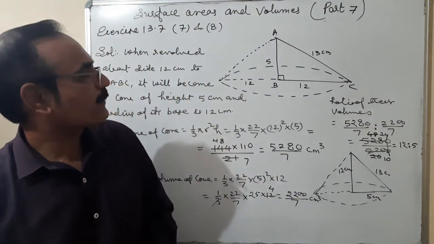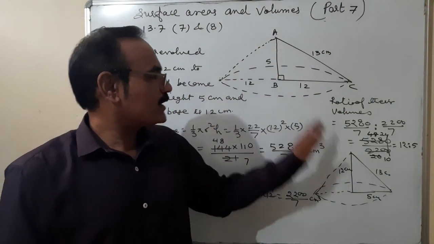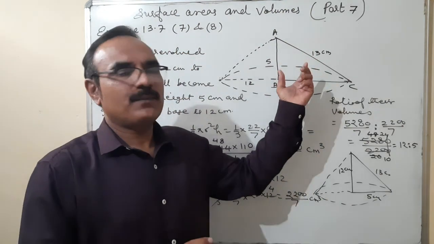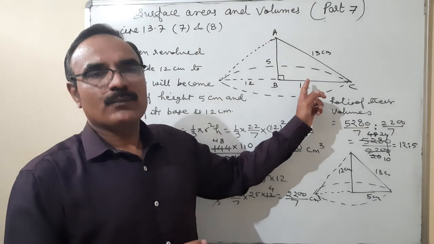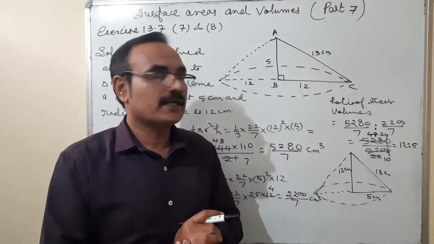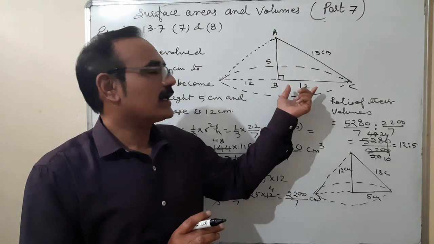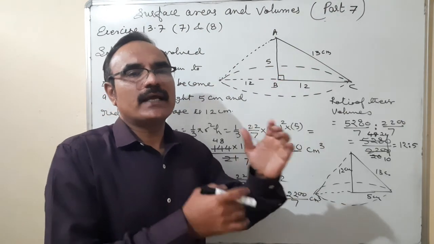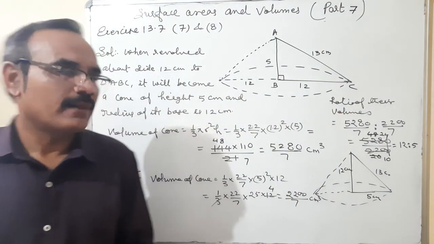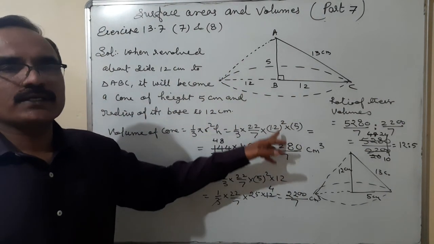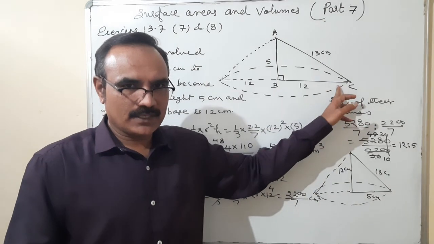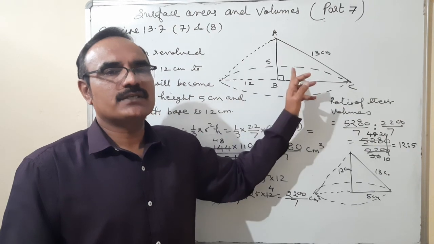Is it okay? So what does it mean? What is the conclusion in it? The conclusion is that when you are changing the radius and height of the cone, if the radius is more than the height, then the volume is more than the volume of the first one. The reason is that the radius square is there. So if this term is greater than that one, its volume is greater.